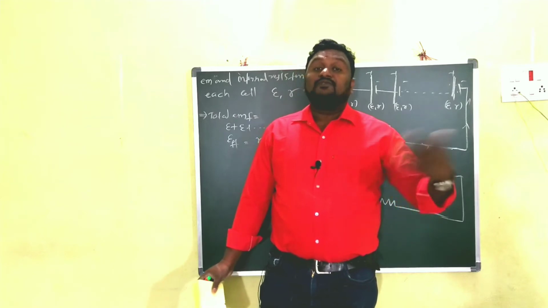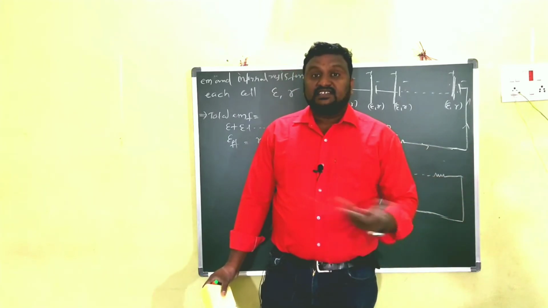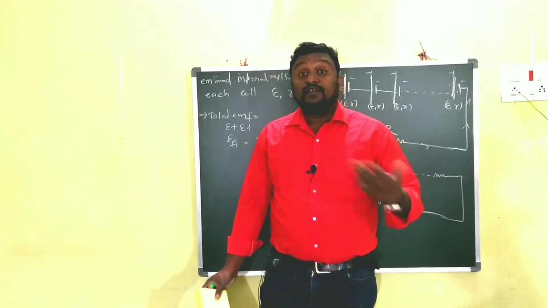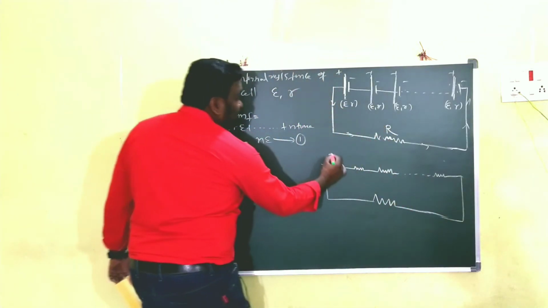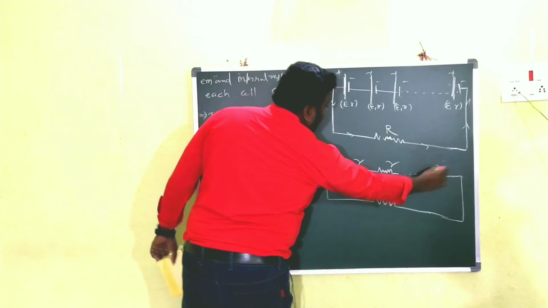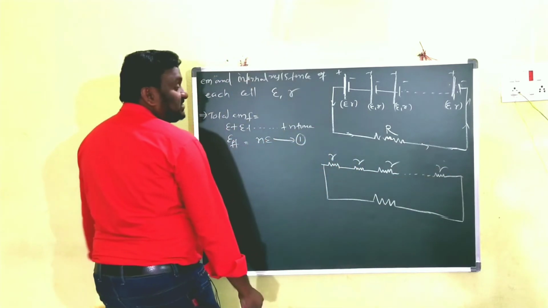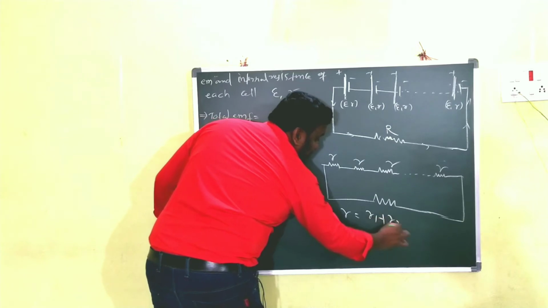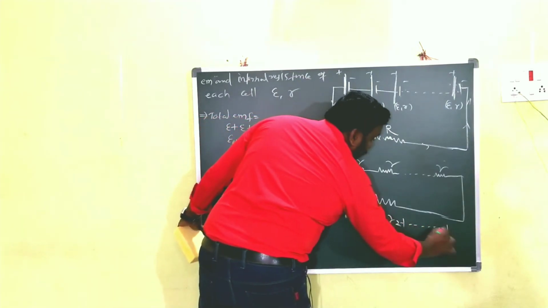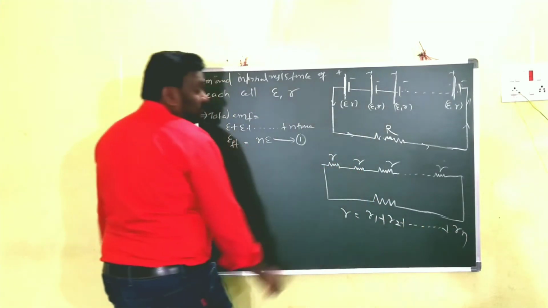Here R is the effective resistance. In series combination, R is equal to R1 plus R2 plus and so on Rn.